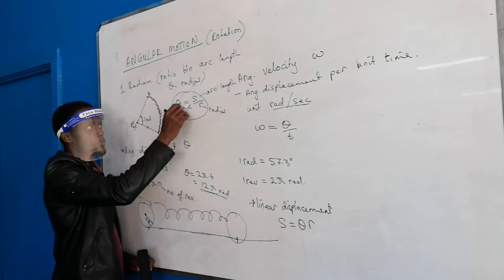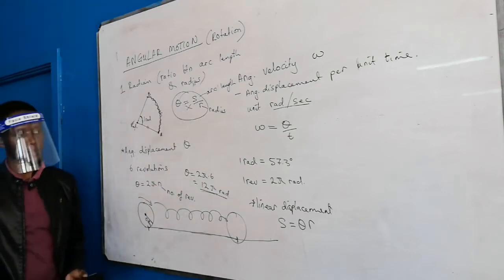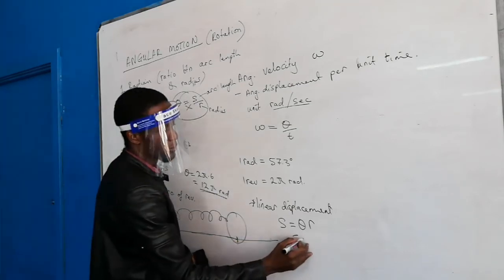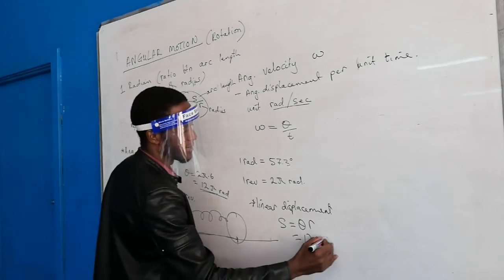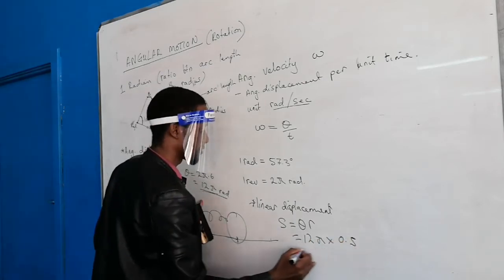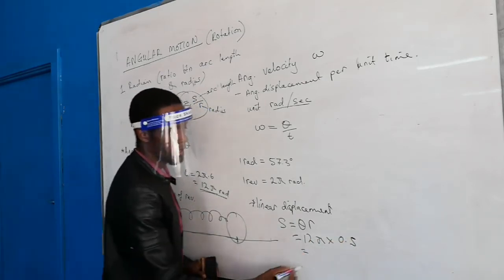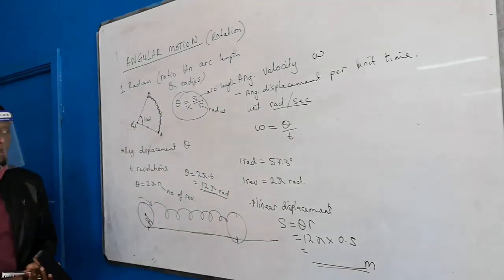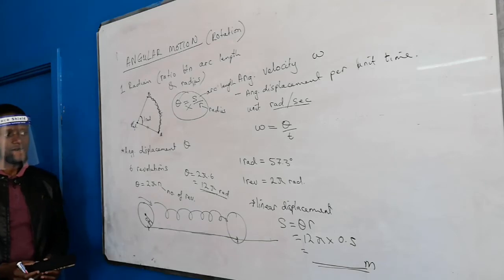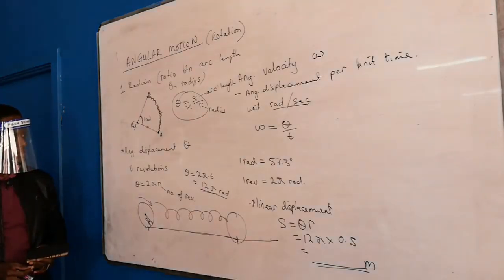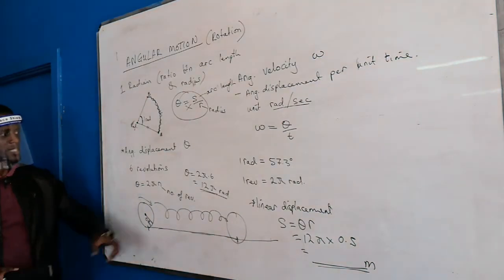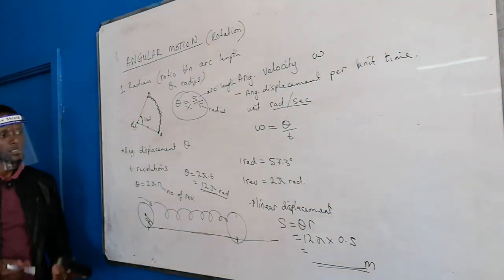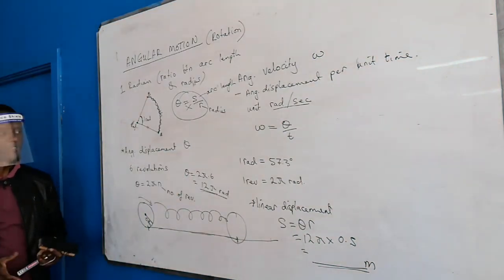When you change the subject of the formula, you cross multiply. Your 12 pi times 0.5, you get, okay, give me in meters. Don't give me 6 pi, give me the whole value. Give me a figure.